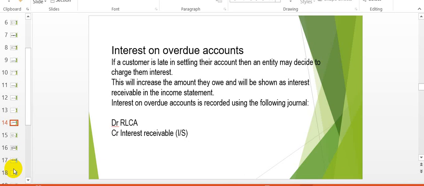The interest receivable will be a credit on the income statement.